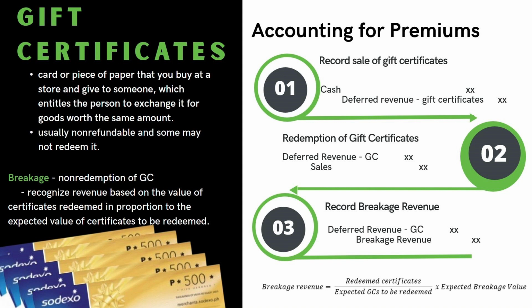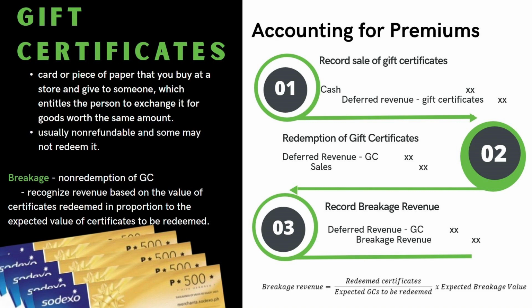Okay? So to record the breakage revenue, first you will debit deferred revenue GC and then credit your breakage revenue. Okay? So, breakage revenue is computed as follows. Redeemed certificates over the expected GCs to be redeemed times your expected breakage value.